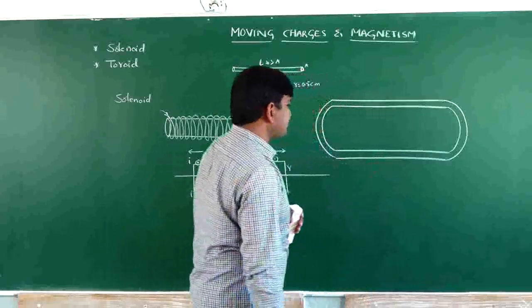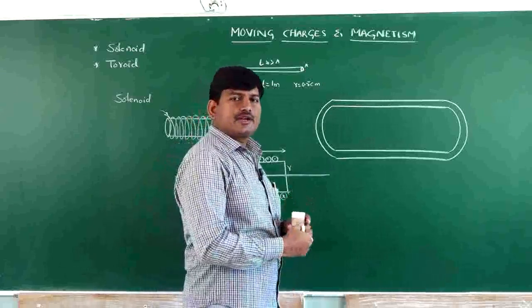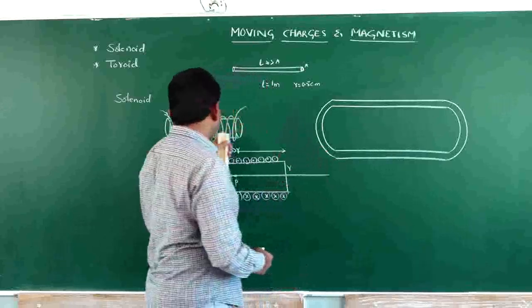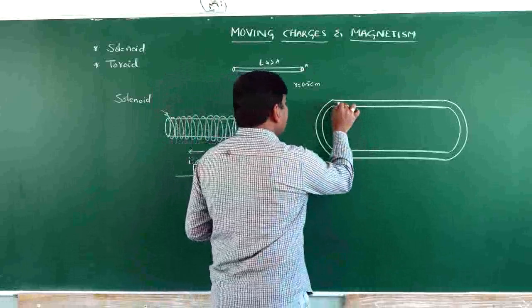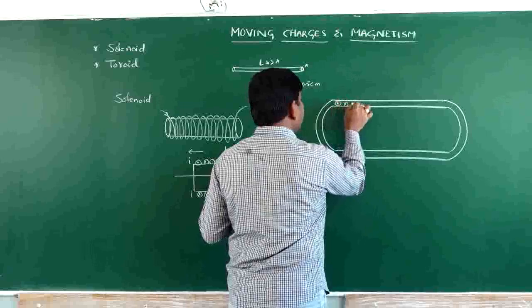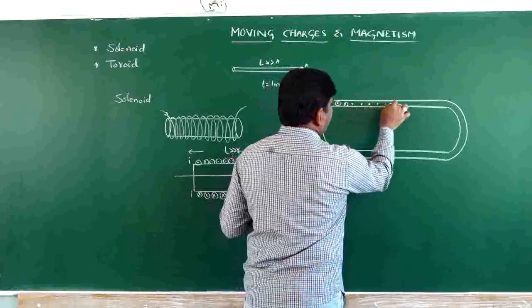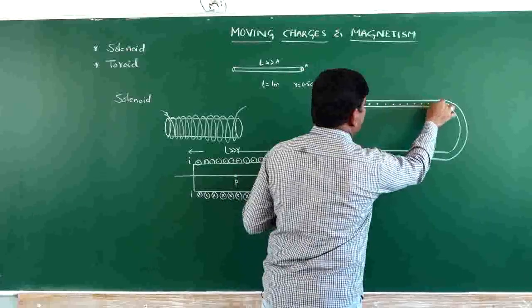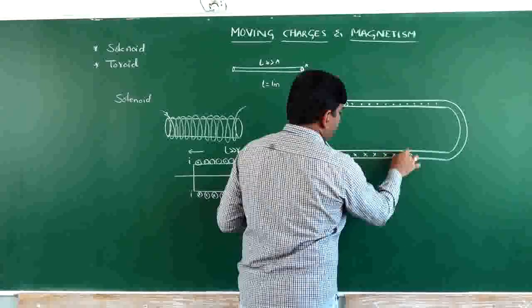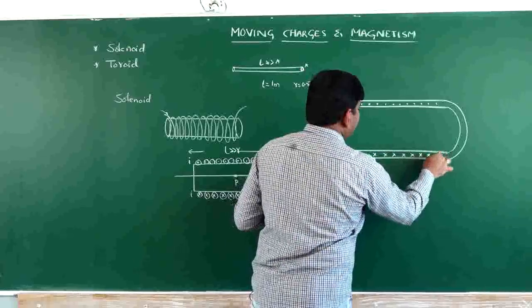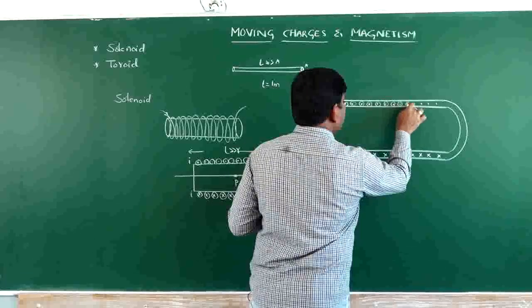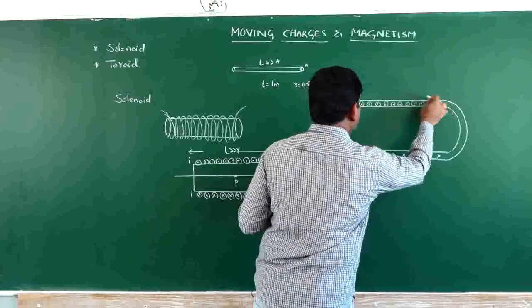A solenoid is nothing but an insulated copper wire which is wound on a hollow cylindrical material in the form of a spiral arrangement. Now here the wire is coming out from this part and it is entering into the board from this side. A cross indicates the current is entering into the board and a dot indicates the current is coming out of the board. So this is how we schematically represent the solenoid.